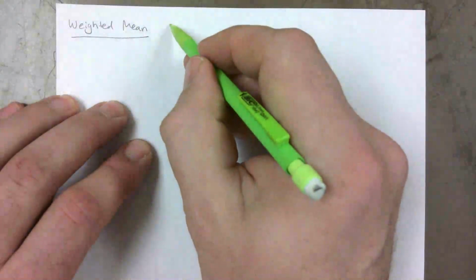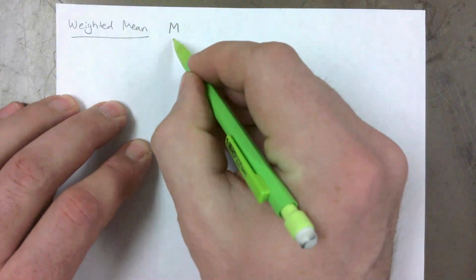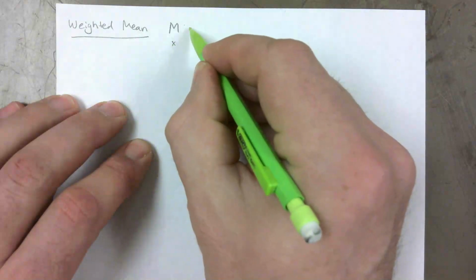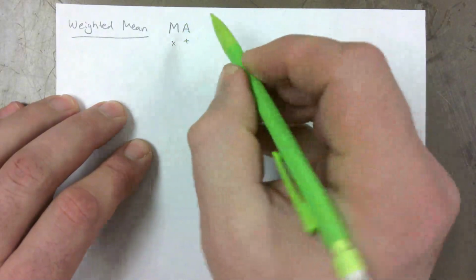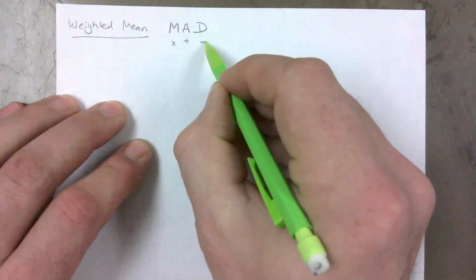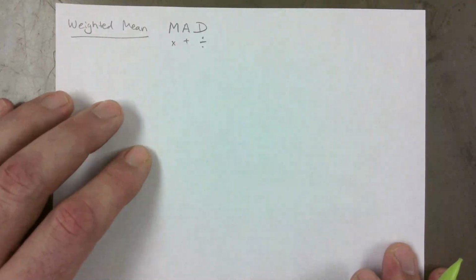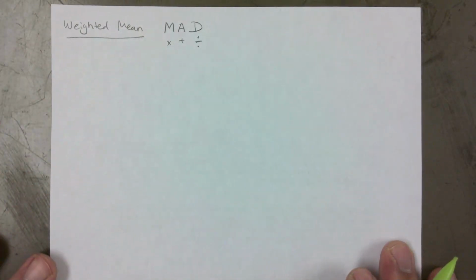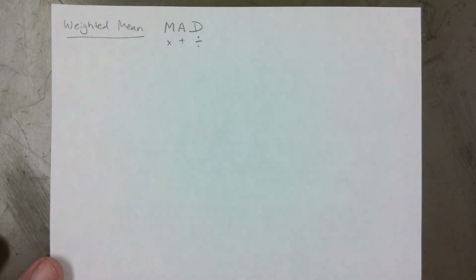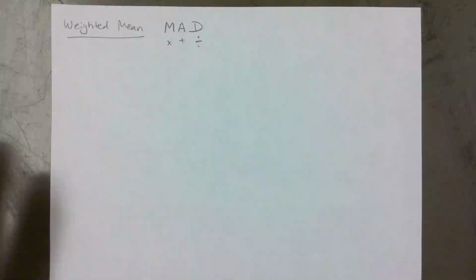I want you to think of multiply, add, then divide. Okay, that's what you want to do here. And I did break it out into two categories, so you could have percentages, or you could have a scenario where it's just nothing to do with percentages.